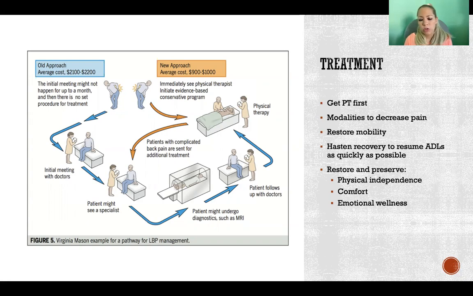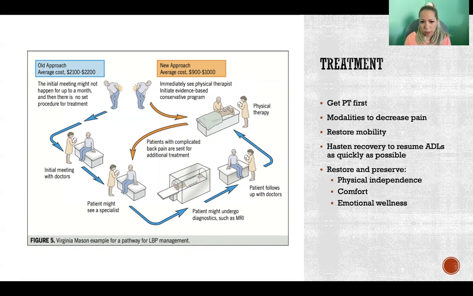The new approach is to send you immediately to a physical therapist who will apply a conservative program because they don't necessarily know what the cause of the pain is. And then if that program is not working very well, or there's new symptoms or anything like that, then you go to the doctor or the specialist, you get the diagnostics and so on.